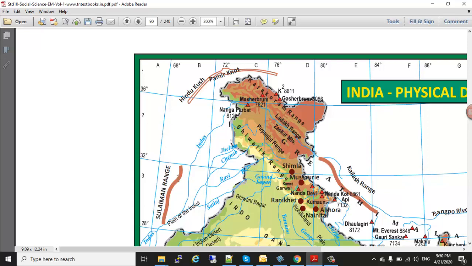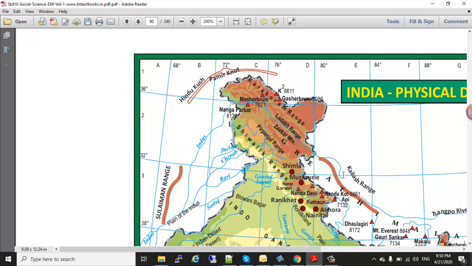And you have the Sulaiman range on this side. It lies in Pakistan, so I think this question will not be asked, but then you must know, children, Sulaiman range. And you have the Kailash range, you can see here, almost lying in Tibet. And these are the outer ranges that are away from the boundary of India.